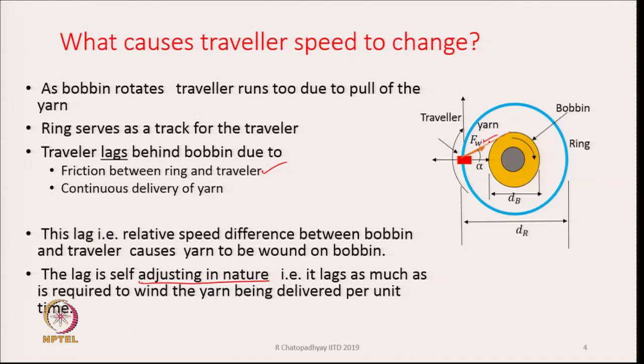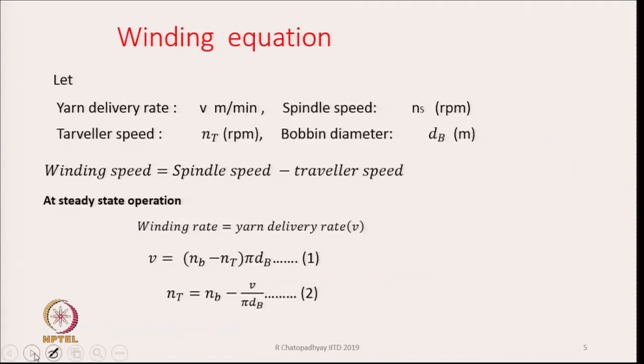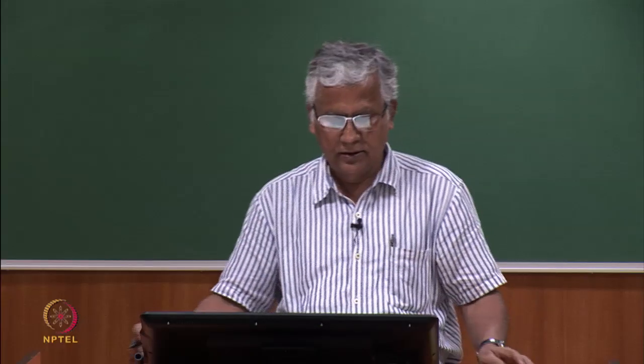So, the value of F w is not constant and is continuously changing depending upon the diameter of the bobbin on which the winding is going on. So, the lag is there and the lag gets automatically adjusted.